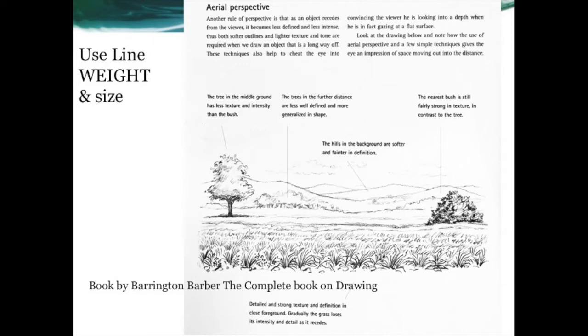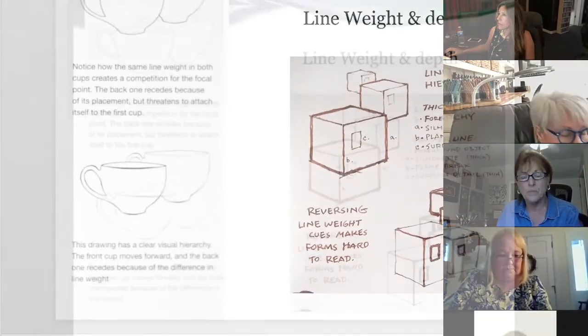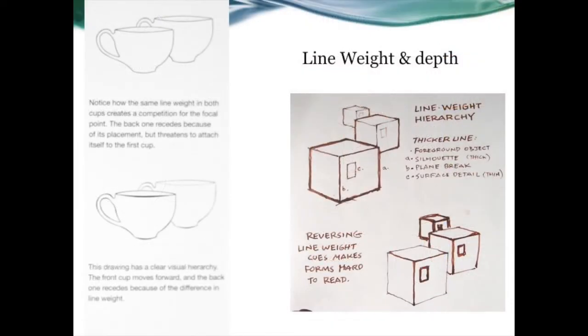So I have another illustration that I use a lot. Let me make it a little smaller because you're not seeing the whole thing. There we go. This first one of the coffee cups is from Juliet Aristides, a wonderful teacher. She has an atelier in Washington or Seattle, I think. The two cups with equal line weight sort of attach themselves to each other, and they look like they're on the same plane.